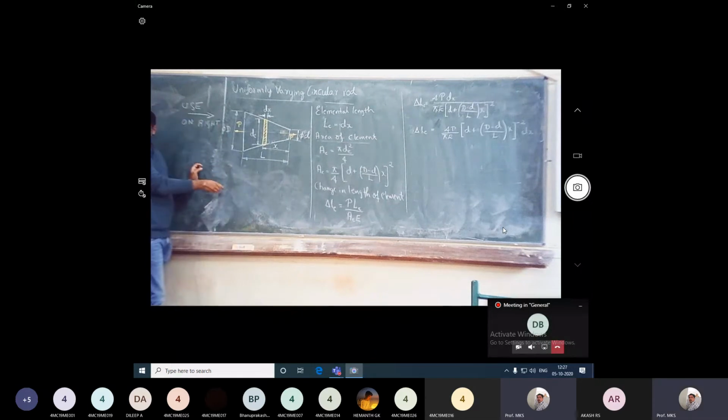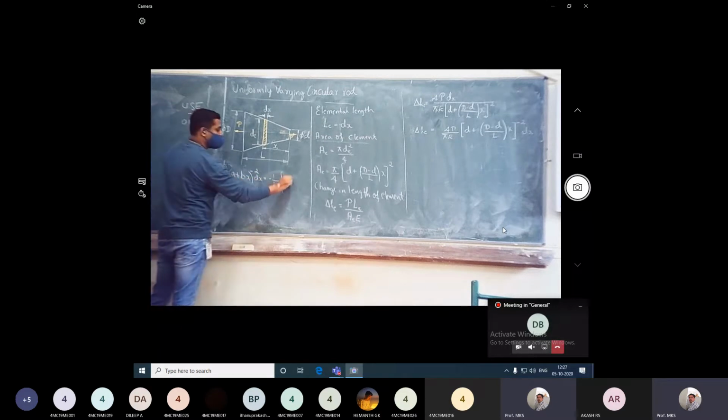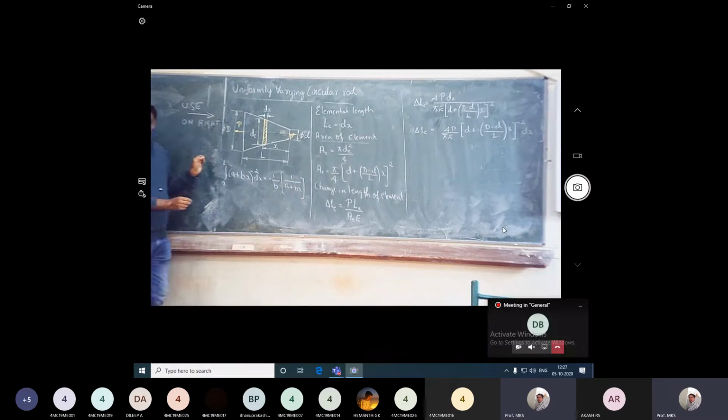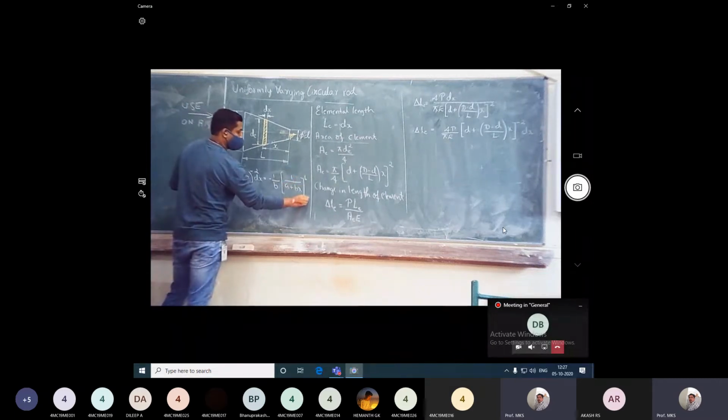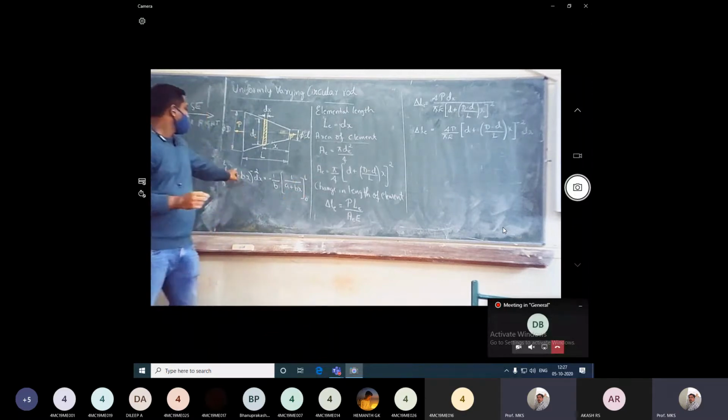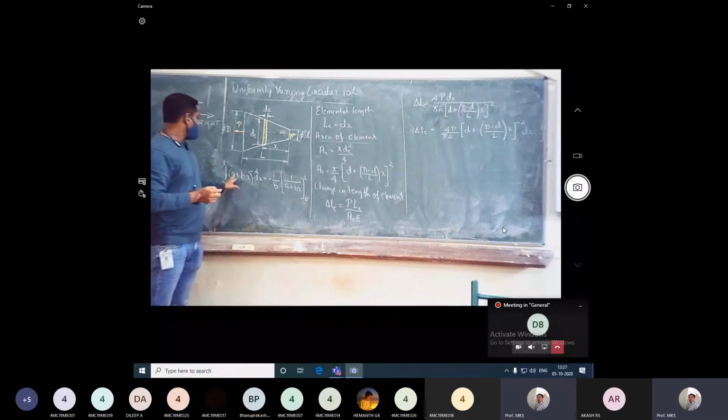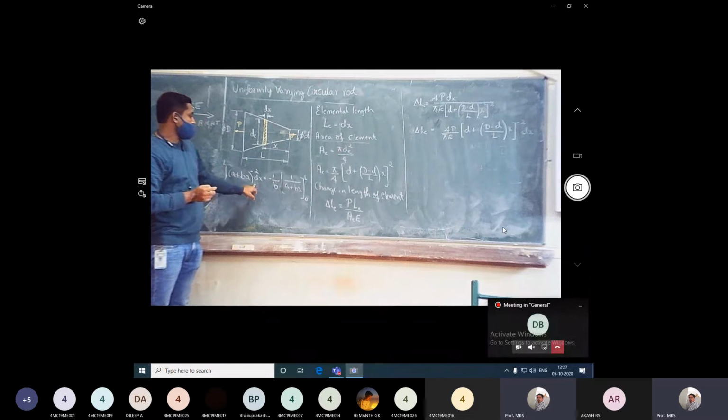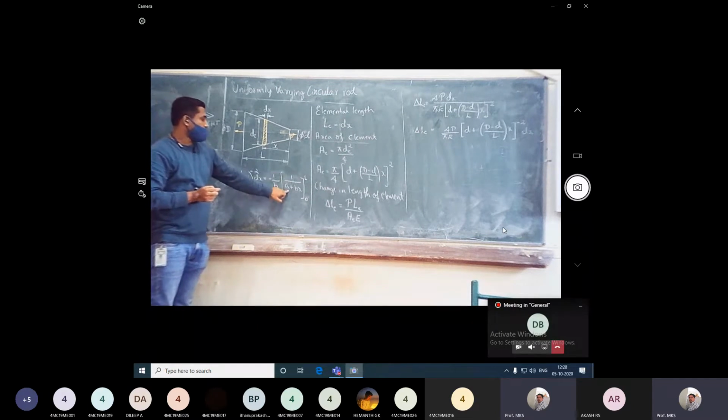To do further, you should know the expression for the integral from 0 to L of (a plus bx) to the power of minus 2 dx, which is equal to minus 1 by b into 1 by (a plus bx), with limits 0 to L. Remember that the integral of (a plus bx) to the power of minus 2 dx is minus 1 by b into 1 by (a plus bx).